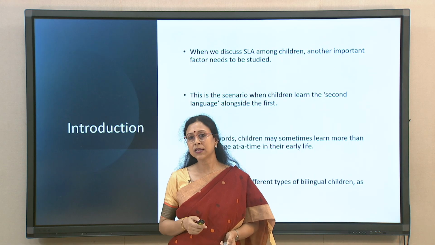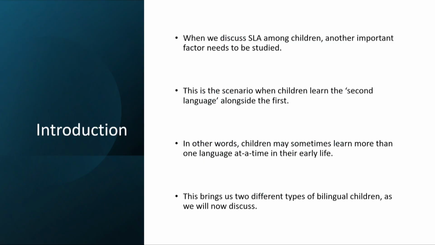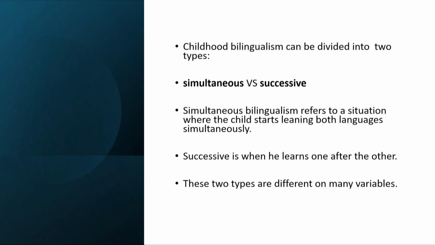Children may sometimes learn more than one language at a time in early life. This brings us to the two kinds of bilingual children that we are now looking at. Childhood bilingualism can be divided into two types: simultaneous and successive. Simultaneous bilingualism refers to a situation where the child starts learning both languages almost at the same time.